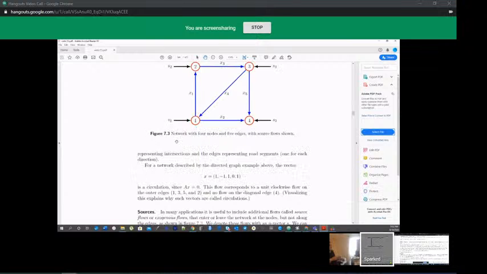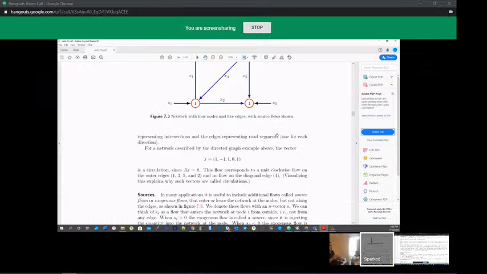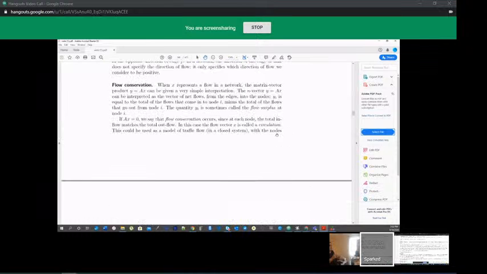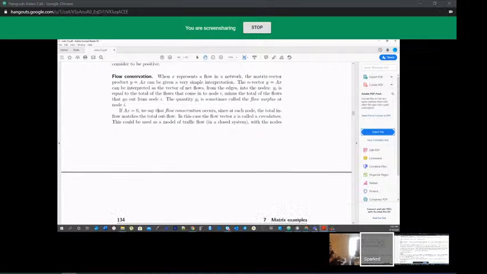Network with 4 nodes and 5 edges with source flow shown. Yeah, those are the s's, right? But is that what they're talking about up here, with y equal to total flows? This is more like a pipe network.